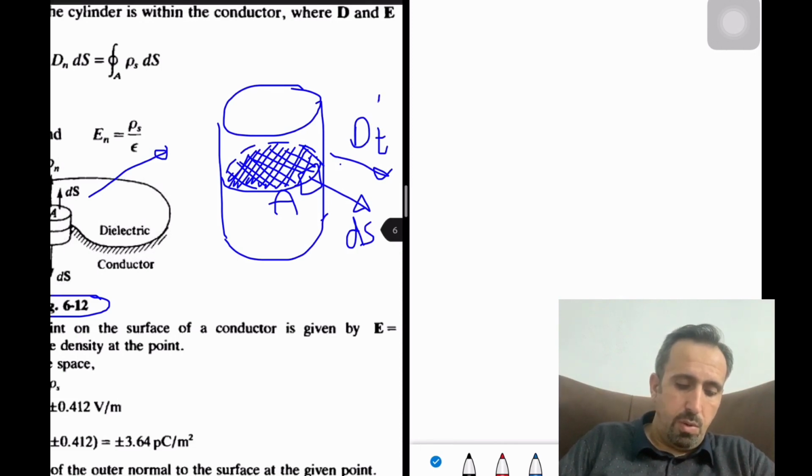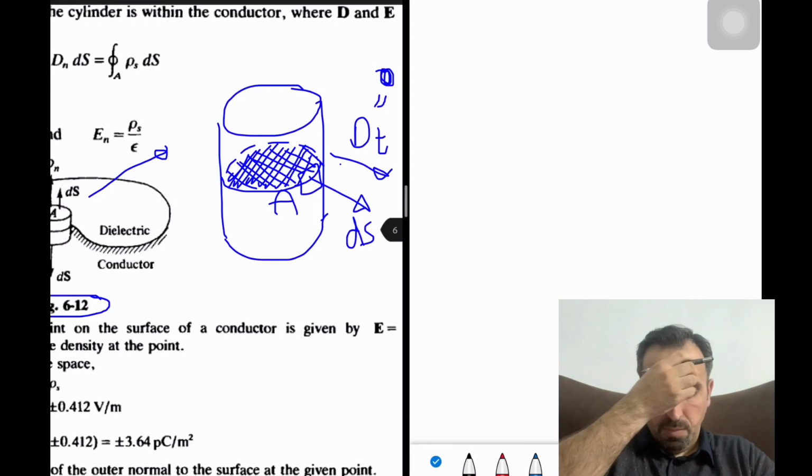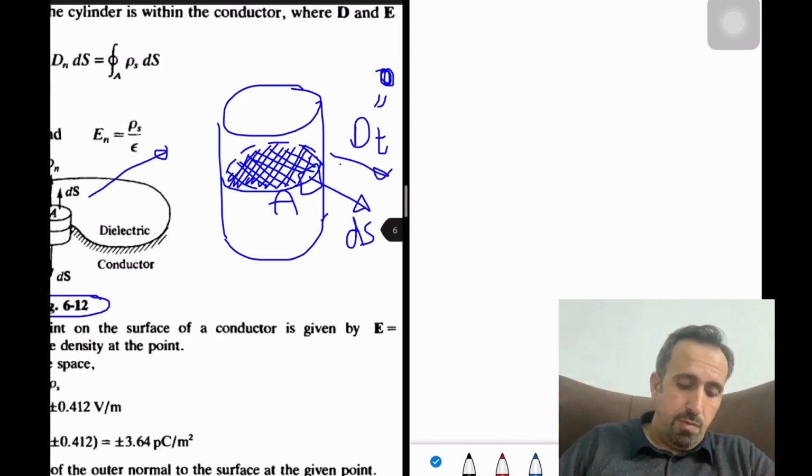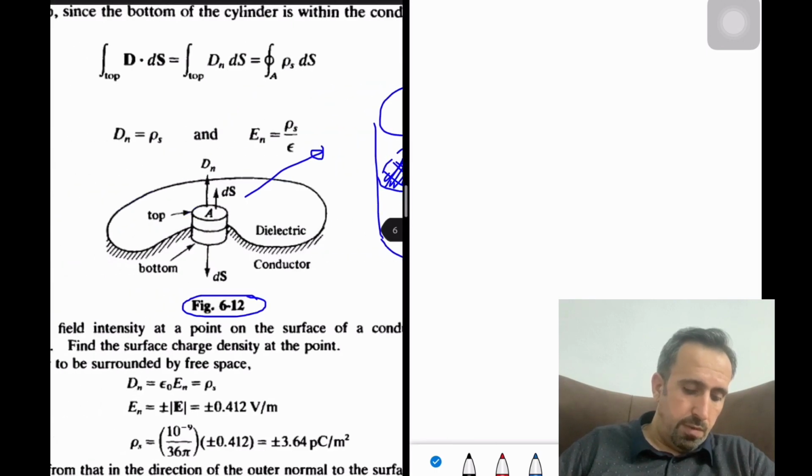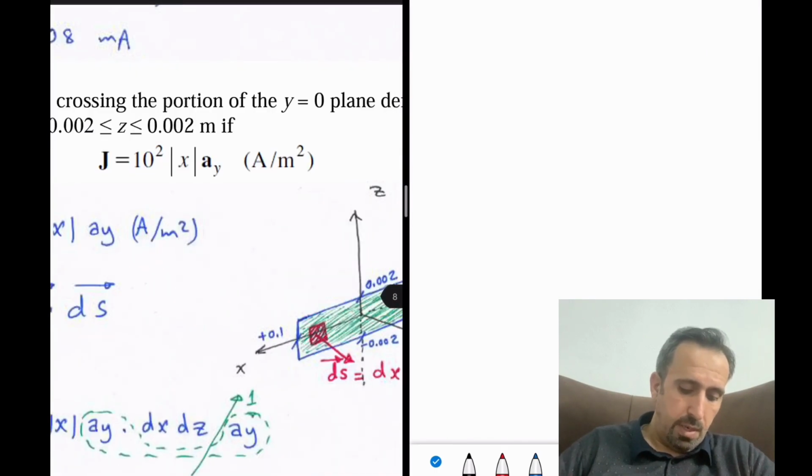And previously we concluded that there is no tangential component. For that reason, Dt equals 0.